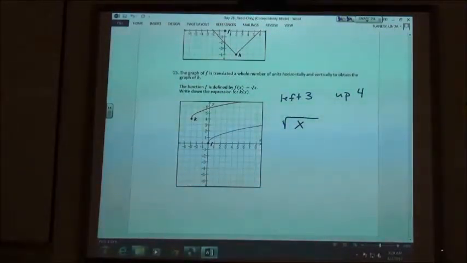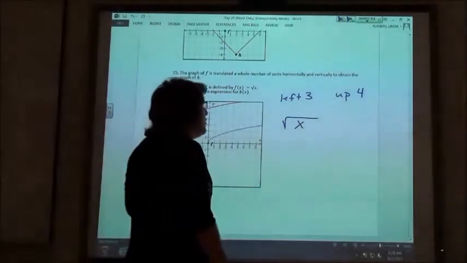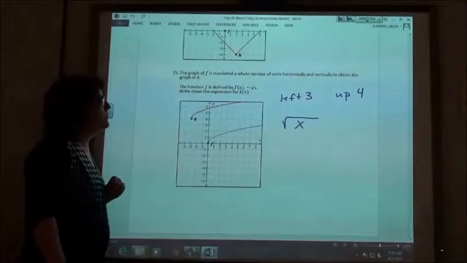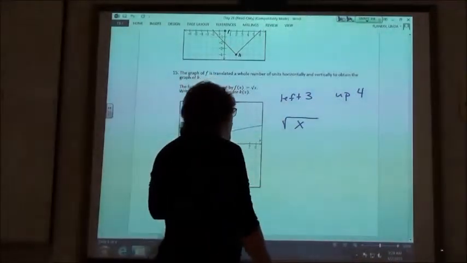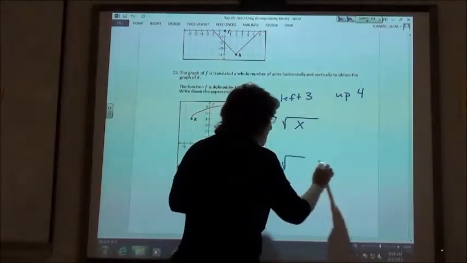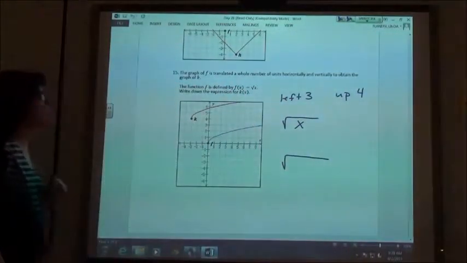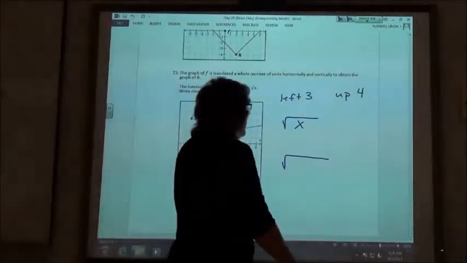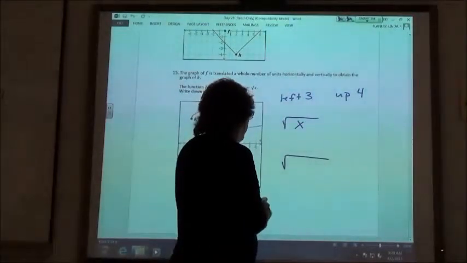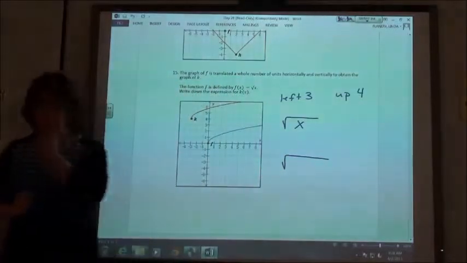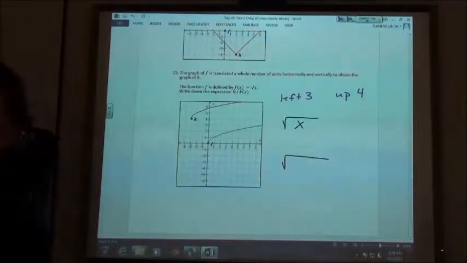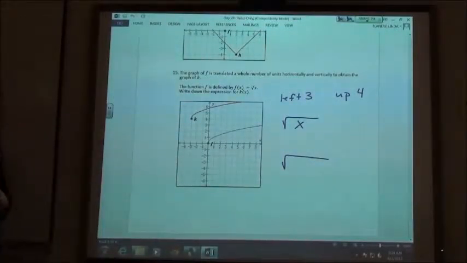So what are we going to do with that to make our new equation? Tell me what you're doing first, the left or the up? I went to the left.